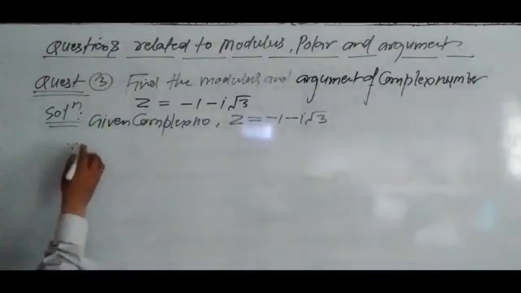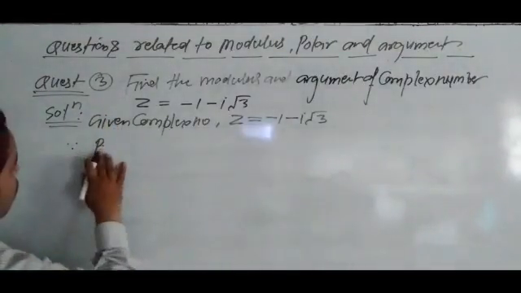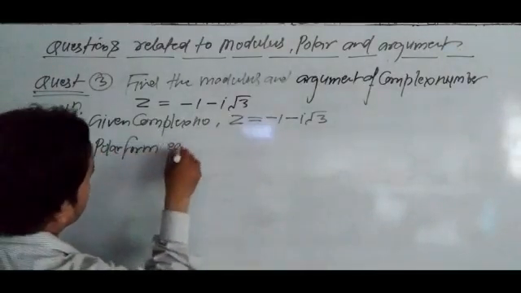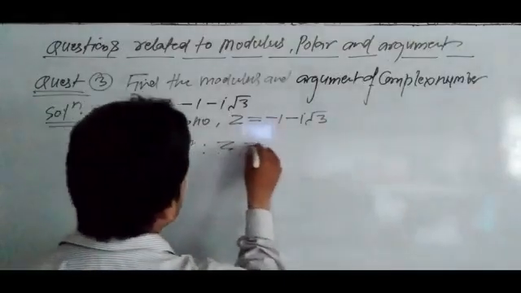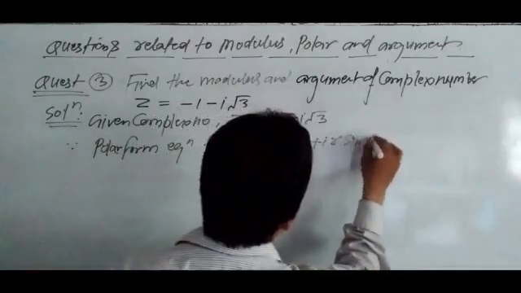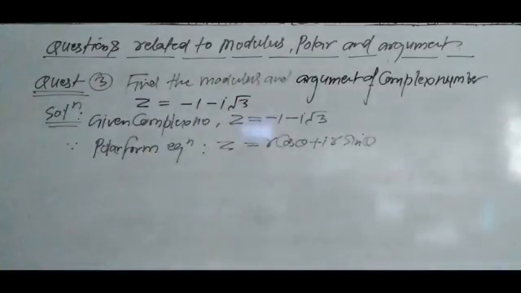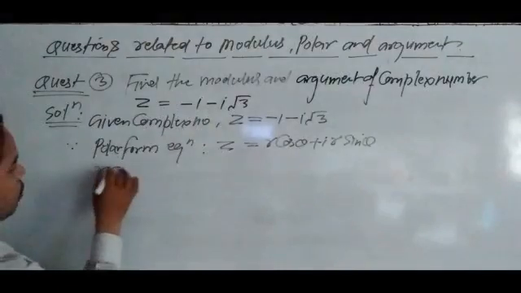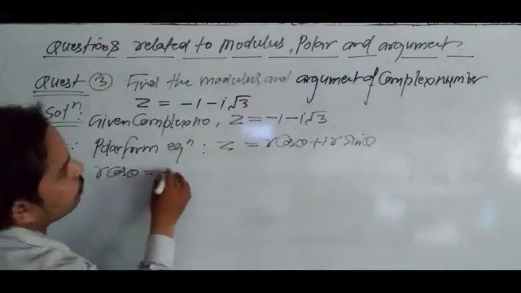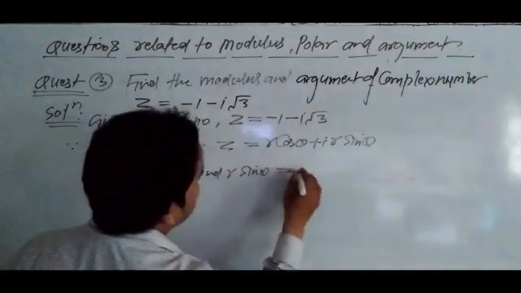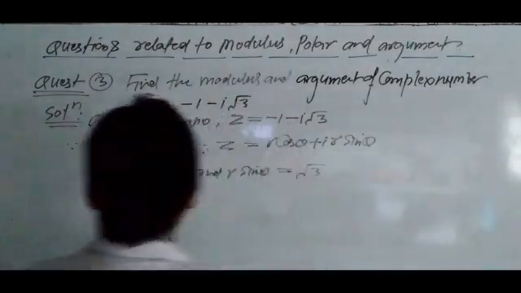Now, since you know the polar form equation, z is equal to r cos theta plus I r sin theta. On comparing, you will see r cos theta is equal to minus 1 and r sin theta is equal to minus root 3.